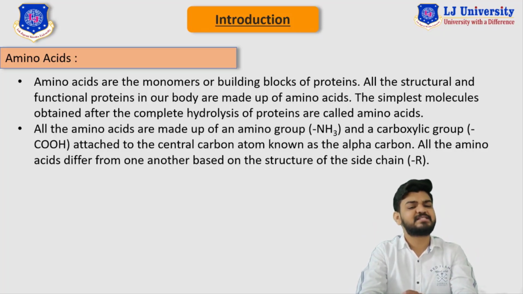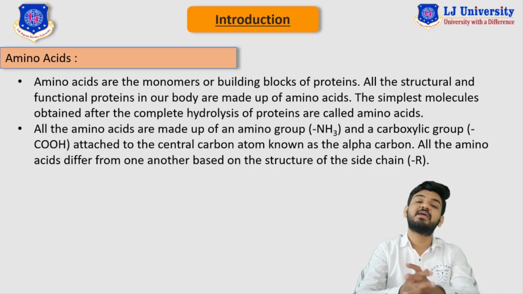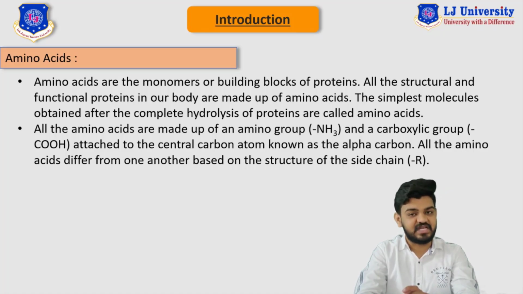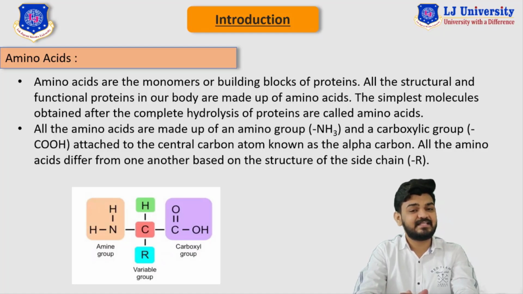All amino acids are made up of an amino group, which is NH3, and they have a carboxylic group as well, that is COOH. Both groups are attached to a carbon called the alpha carbon, and one side of this alpha carbon is connected to a side chain. Here in this image you can clearly see the structure of the amino acid.